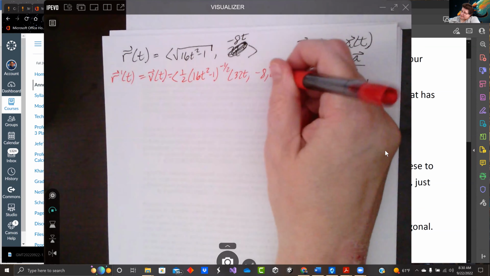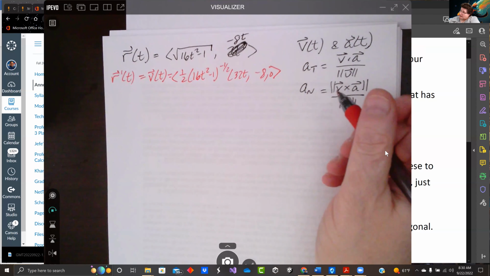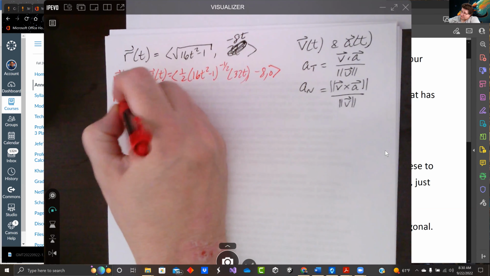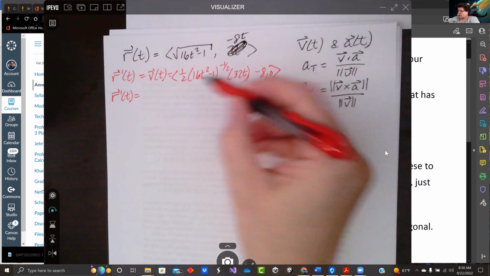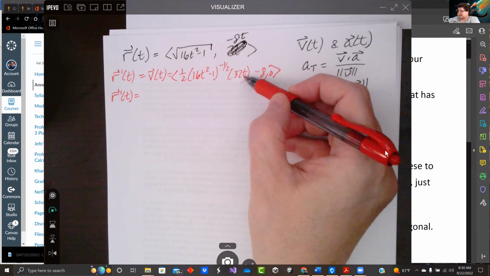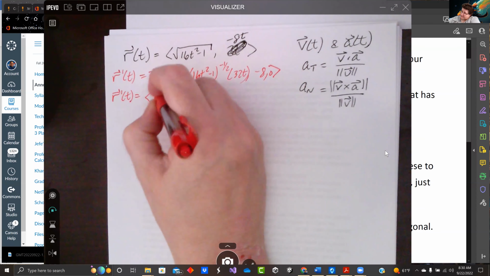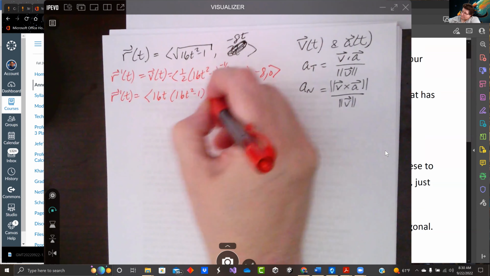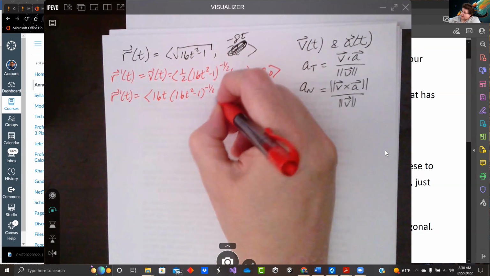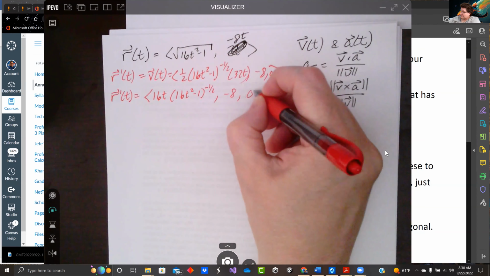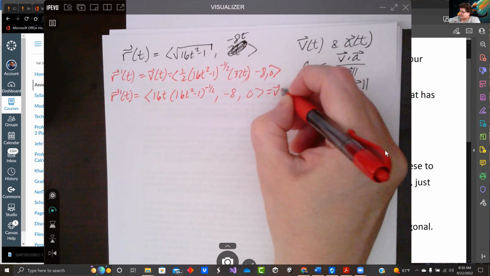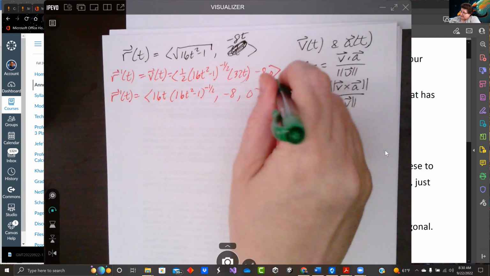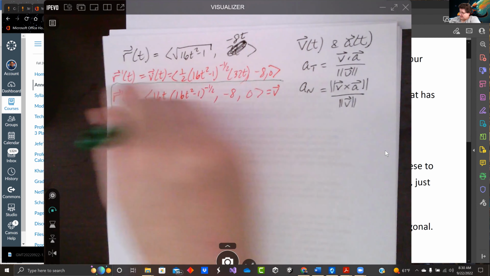And if you want, you can put the comma 0 in there for 3 dimensions. I'm going to clean it up a little bit because that just looks flat out ugly. So 1/2 times 32 is 16. I've got 16t over the square root of 16t squared minus 1, negative 8, 0, and that's v. So I'll put a box around that so I can find it later. I need it.